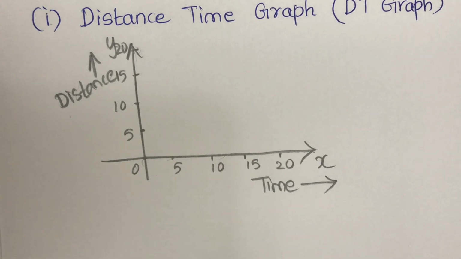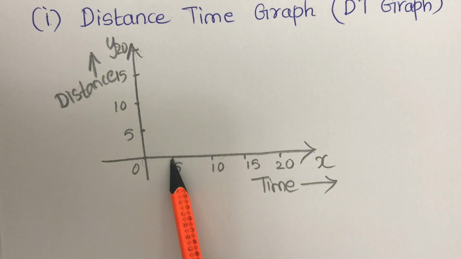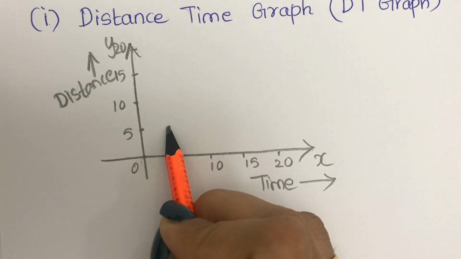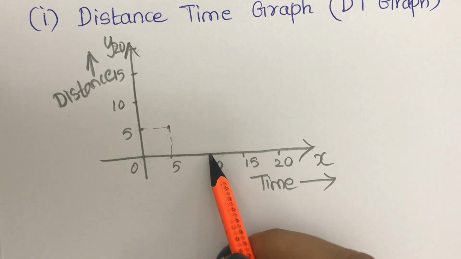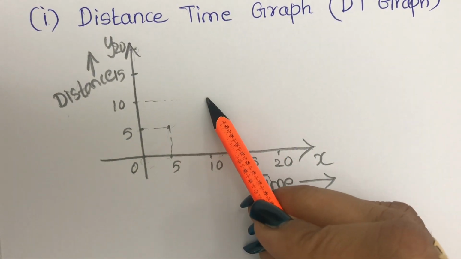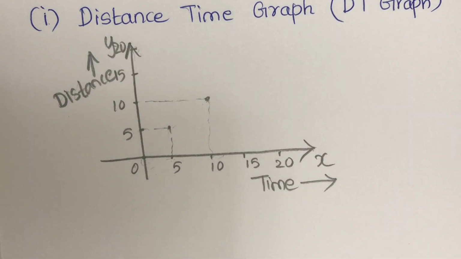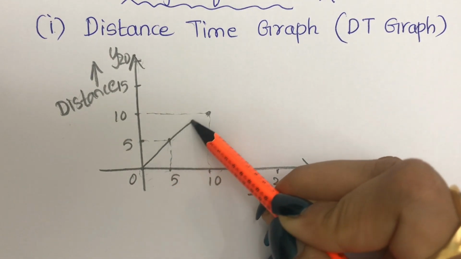So my car is traveling and it covered 5 kilometer in the first 5 minutes, and in the first 10 minutes, it covered another 5 kilometer. So it will be somewhere here. So when I draw my graph, it will be like this.